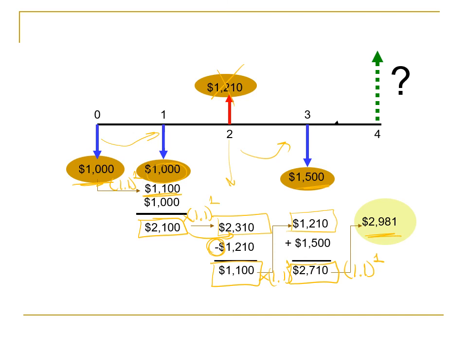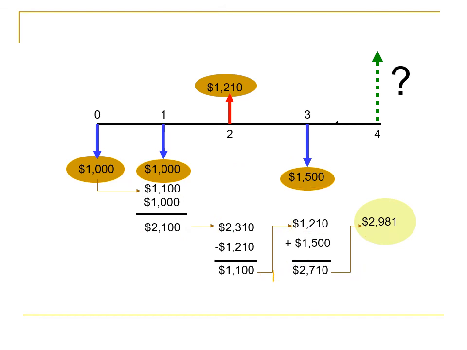Okay, this is the solution of the problem, and now you can be interested in this. If we calculate this value, we find the future equivalent values of all these transactions at the end of year 4.